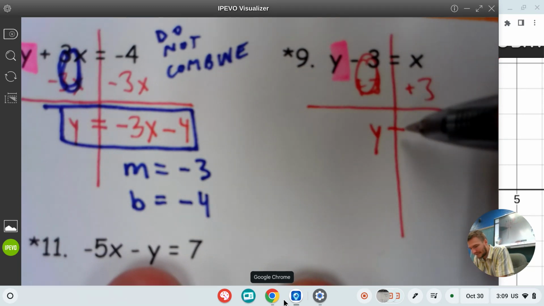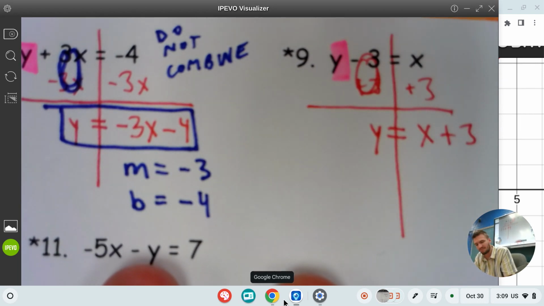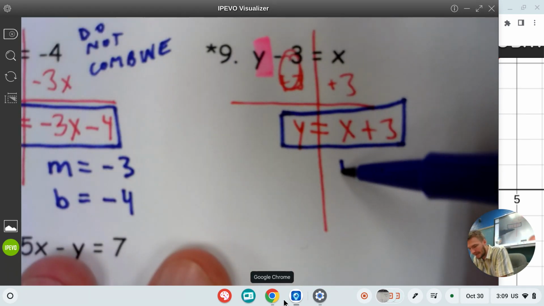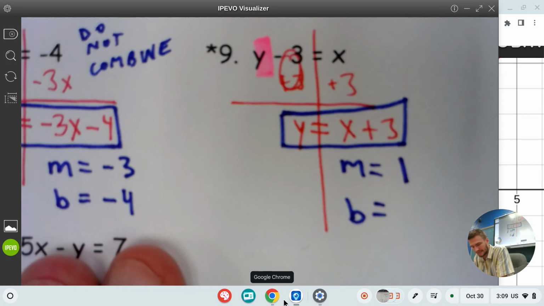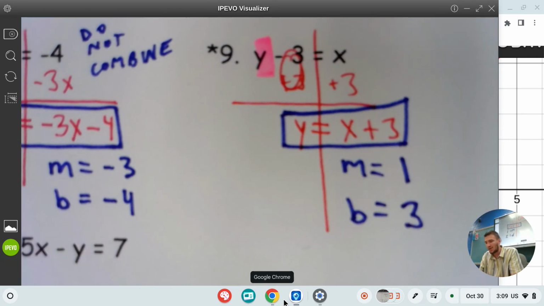Y equals x plus 3. That's right. That's the whole thing. That ain't bad. We just add 3 to both sides. Let's get the m. Let's get the b. M is 1 and b is 3.